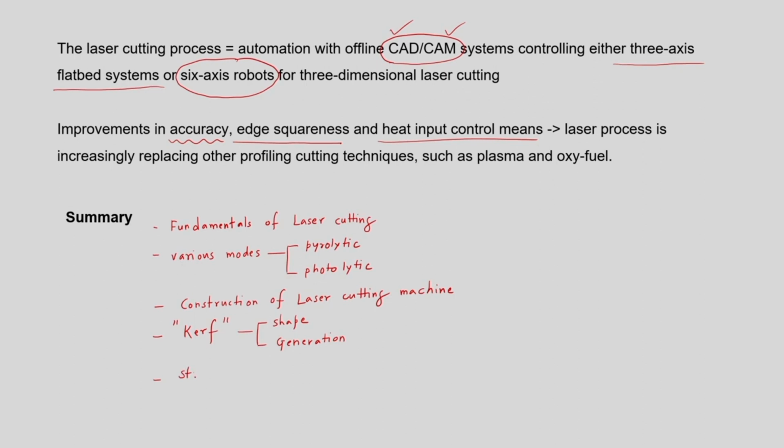Then we have seen the concept of striations during laser cutting. And at last we have seen that based on the application of the inert gas, there are again 3 modes of laser cutting, that is fusion cutting, flame cutting and remote cutting.